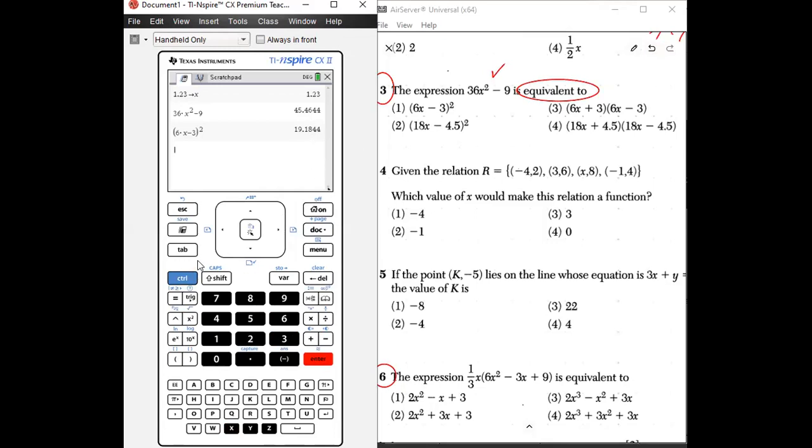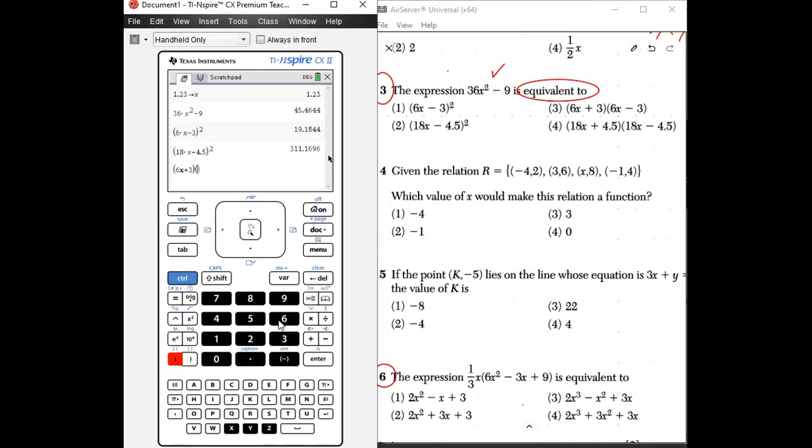That's not the answer, so I'm going to go to number 2 and do the same thing, parentheses 18x minus 4.5, parentheses squared. Press enter. That doesn't match. And then I'm going to go to number 3, and make sure that when you enter the expressions, you enter them exactly as you see them. Don't change anything. Parentheses, make sure everything matches.